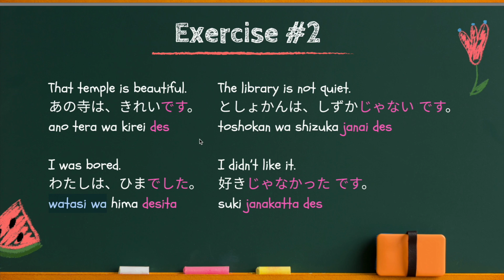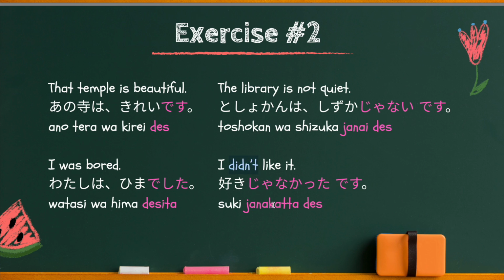The library is not quiet. 図書館は静かじゃないです。Its present negative is not. In this case, you need to add じゃないです。And if you like to be casual, you can omit this and just say じゃない。That's fine too. Last one, I didn't like it. 好きじゃなかったです。This is past negative.